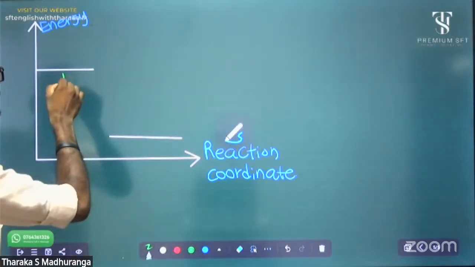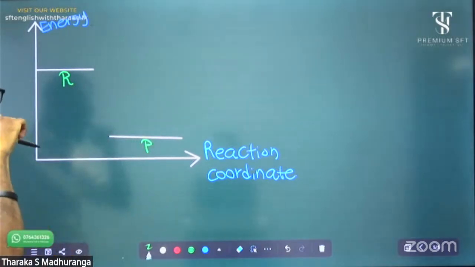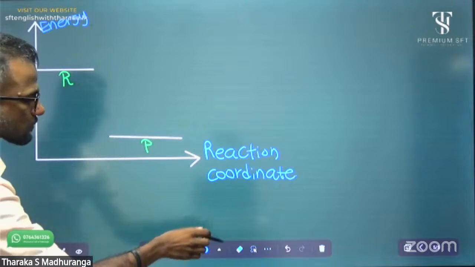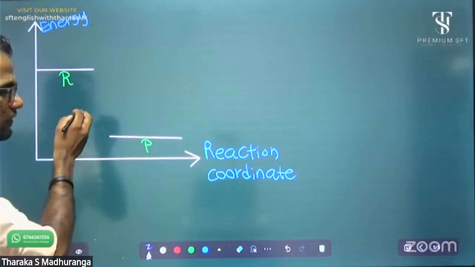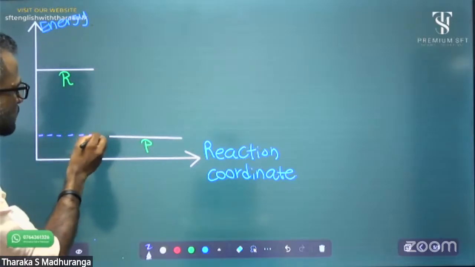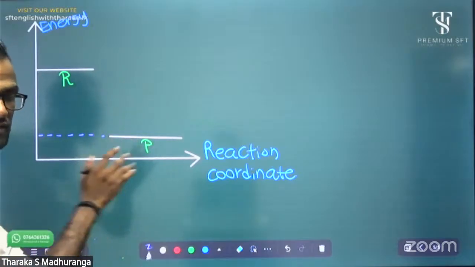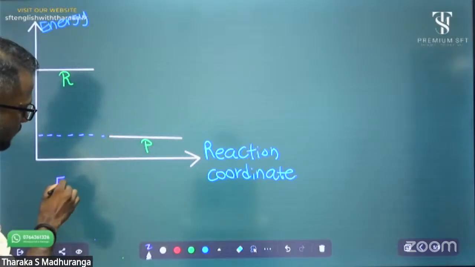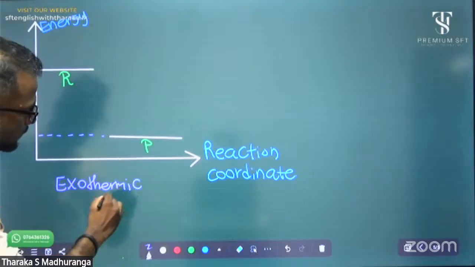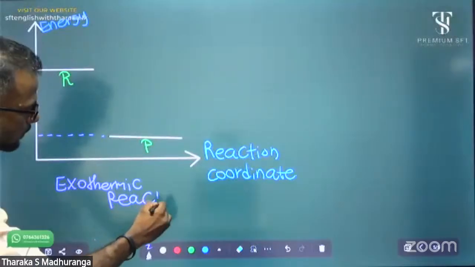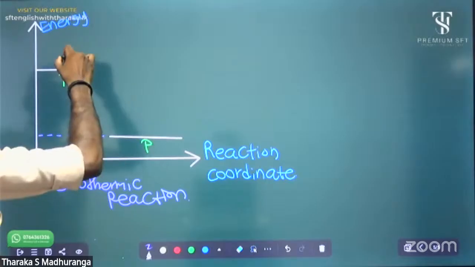Now think they are the reactants, they are the products. Energy levels, right? The product energy level is less than the reactant due to some energy loss. It is an exothermic reaction.